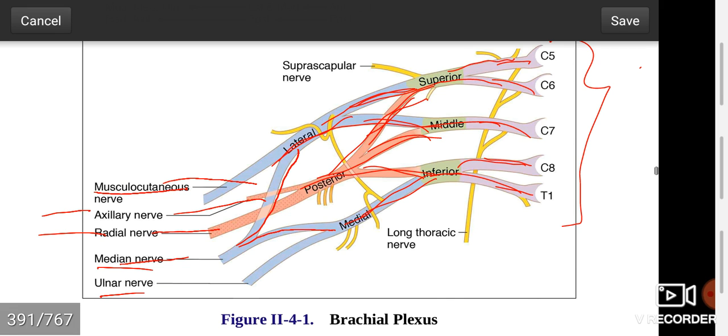We can say for this the lateral root of the median nerve and the medial root of the median nerve, which both make a nerve by the name of median nerve, and they are the anterior divisions. And the other nerve is the ulnar nerve, which is also arising from the anterior division and arising from the medial cord.